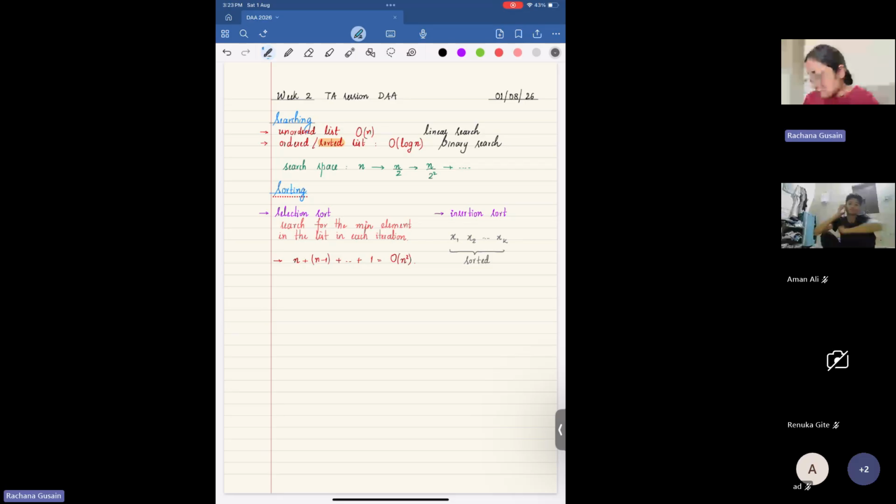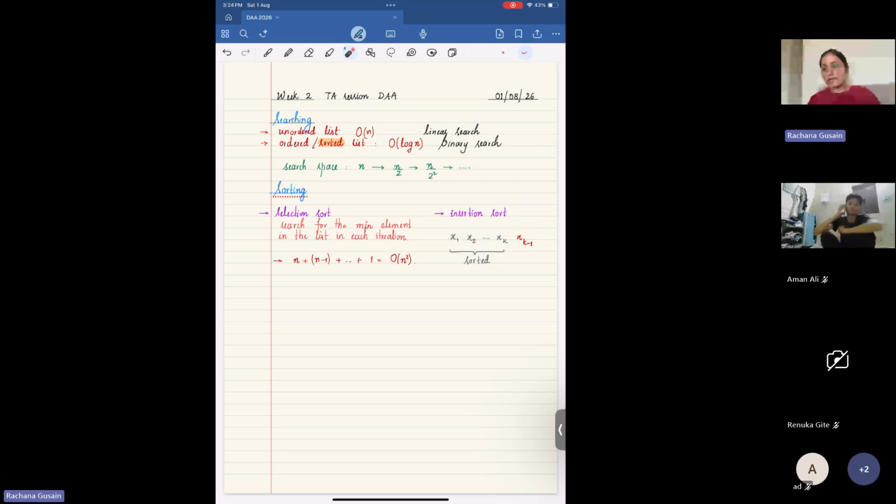And now I have this next element xk plus 1. What we want in this iteration is that this entire list of size k plus 1 must be sorted.